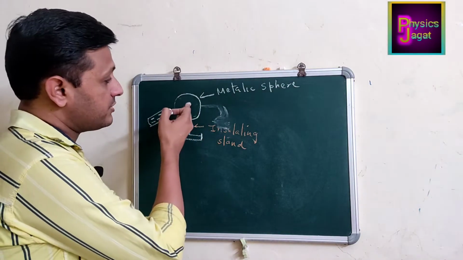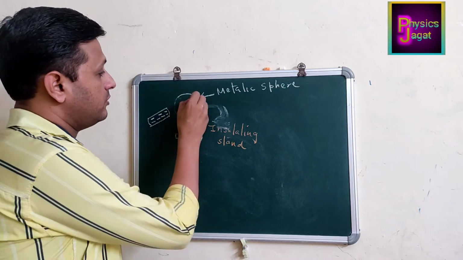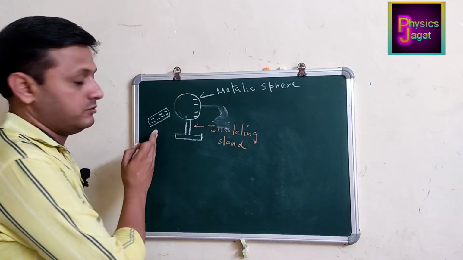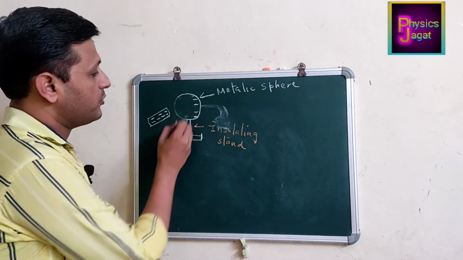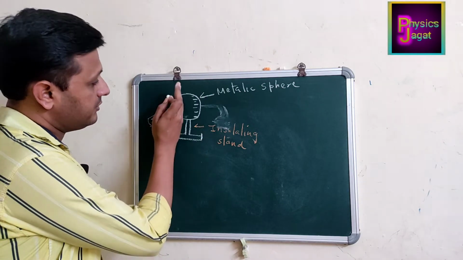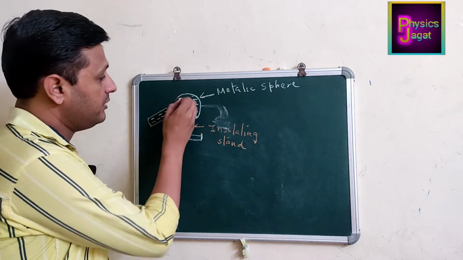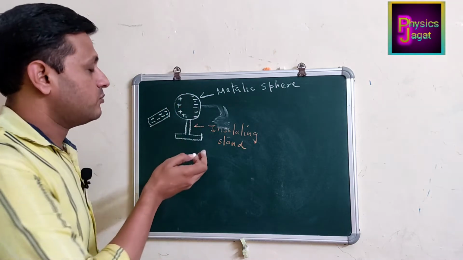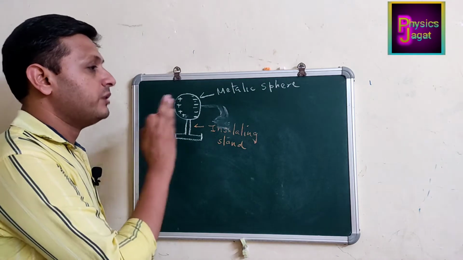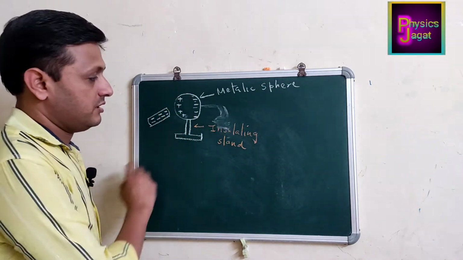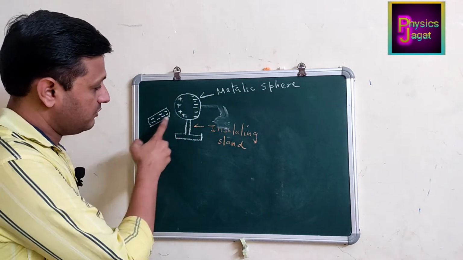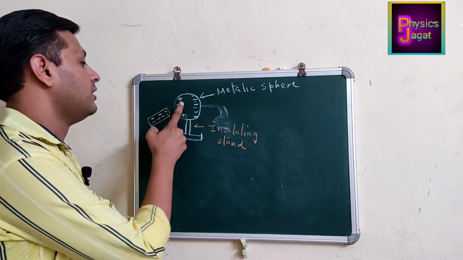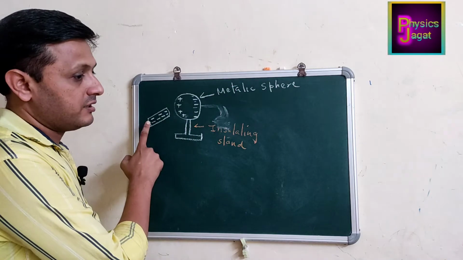The free electrons inside that metallic sphere will move to the opposite end, and this end will act as positively charged, because we know a deficiency of negative charge is positive charge. So this end will act as positively charged, and these two will attract each other. The negatively charged plastic rod and the positive end will attract each other.